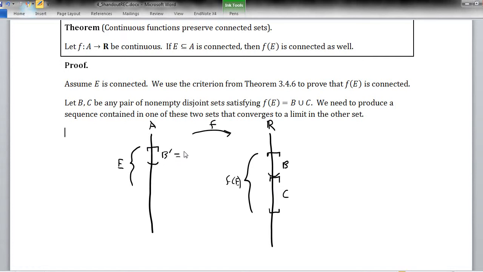Its definition is everything in A which maps into B, intersected with E, because I don't actually want things outside of E which might happen to map into B. I only want the things in E which do. So that's B prime. And then I do the same thing for C. Maybe this is C prime, and that's defined to be everything which maps into C and is also contained in the set E.